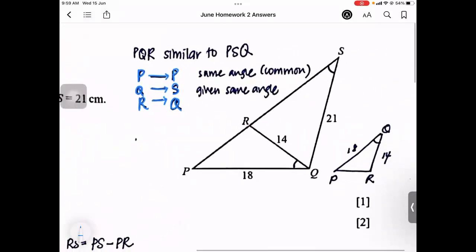I have a triangle PQS, sorry. This is my bigger triangle. So that means we have a smaller triangle over here. I just drew them out to make them look similar. And it says PQS.